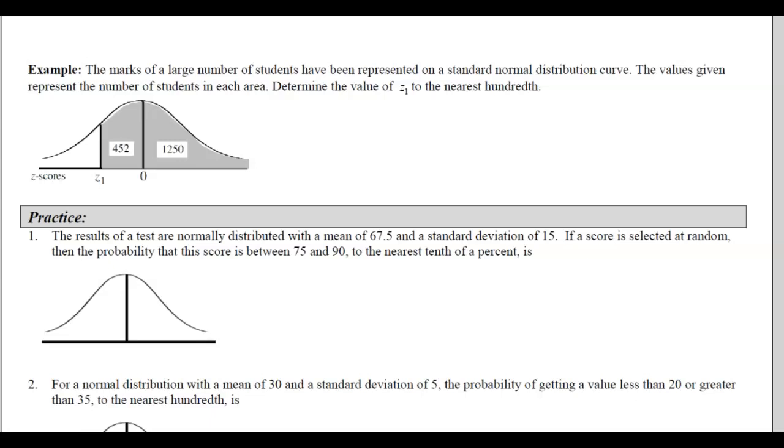Determine the value of Z1 to the nearest hundredth. Remember, to find Z you use inverse norm, which needs the probability or the area underneath. It will give you an error if you put 452 or 1,250. It's always a value less than 1 because you're entering a probability.